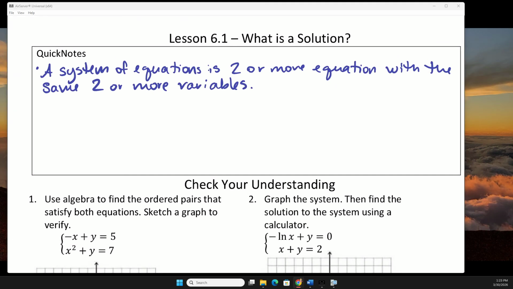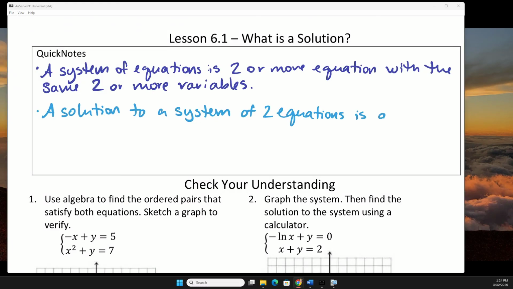All right, so a solution to a system of two equations is an ordered pair, and most of the time the ordered pair is (x, y).